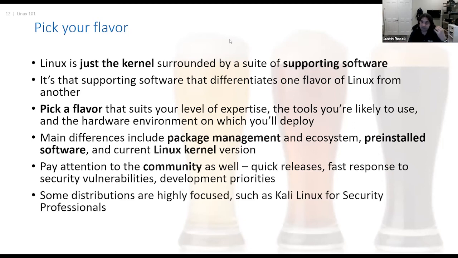Some distributions are also very highly focused. For instance, Kali Linux for security professionals is one of the best known niche focused versions of Linux. It comes pre-installed with a whole bunch of white hat hacking tools like Metasploit and Nessus, and really is everything you could need for high grade professional penetration testing. This is what the professionals use.